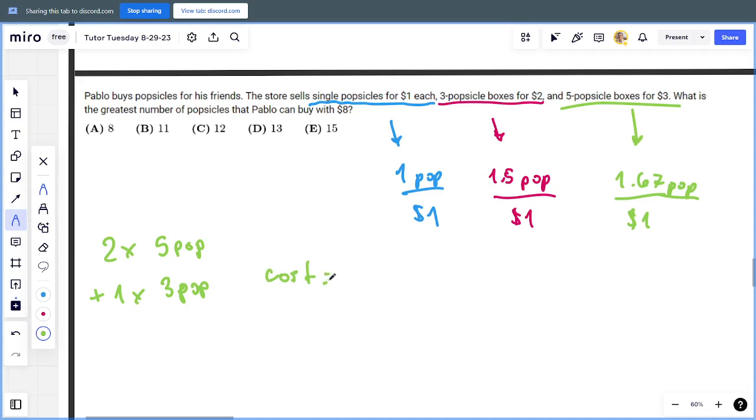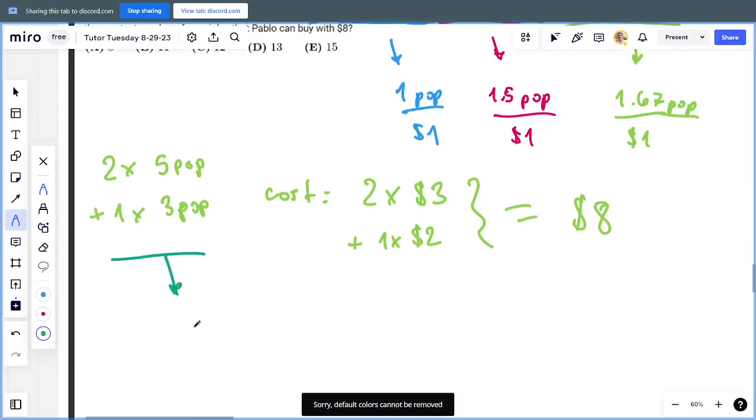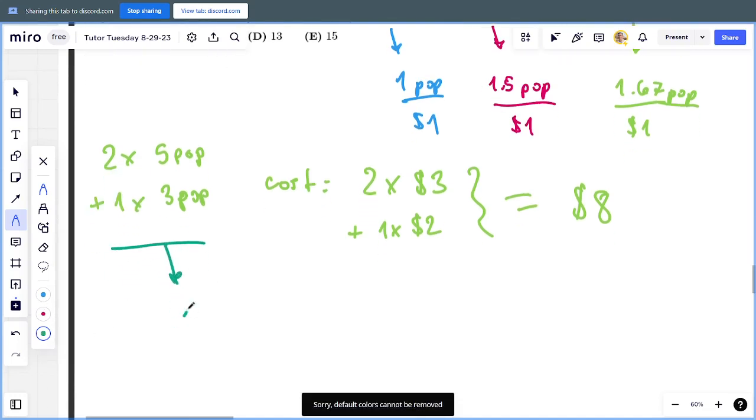Total cost for that would be 2 times $3 plus 1 times $2, which is going to be $8. That's our limit. That's good. If we evaluate the numbers for it, that's going to be 10 plus 3, which is 13 popsicles.